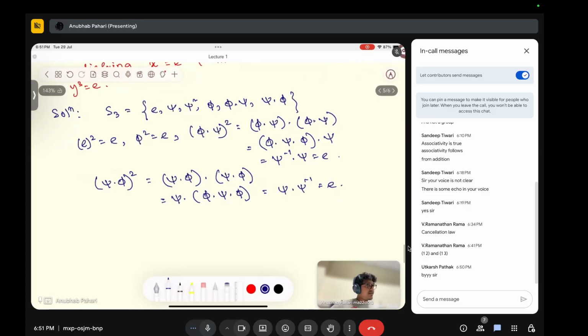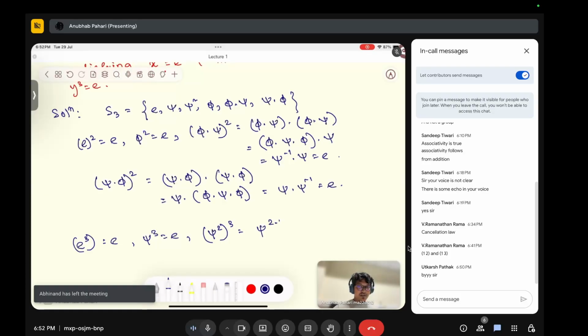And for the cube thing, you have E cube equals to E, and again psi cube equals to E. Now you have psi square cube equals to psi, this, and so psi square.